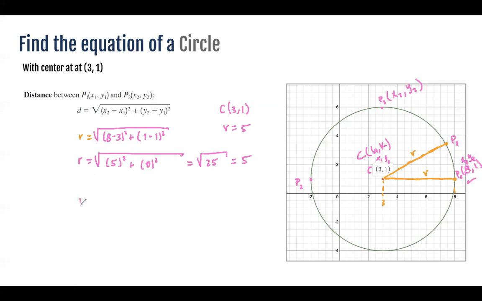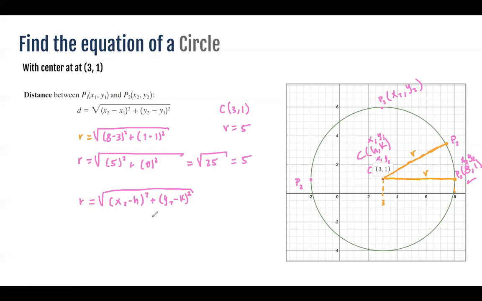So the radius basically is equal to the distance from any point x2, as long as it is on the circumference, to the center, which I'm going to call x1, y1. And if the center is h comma k, it's going to be the square root of x2 minus h squared plus y2 minus k squared.